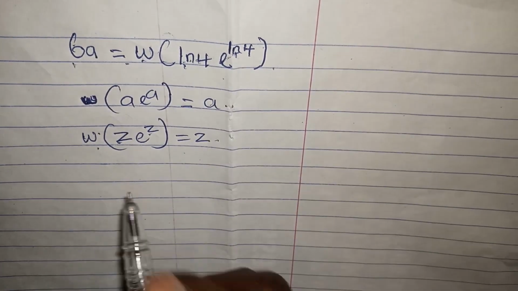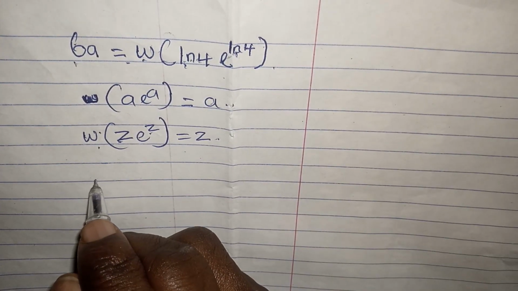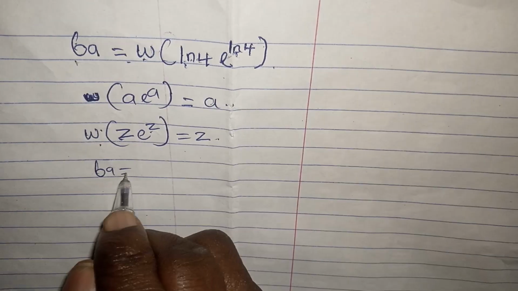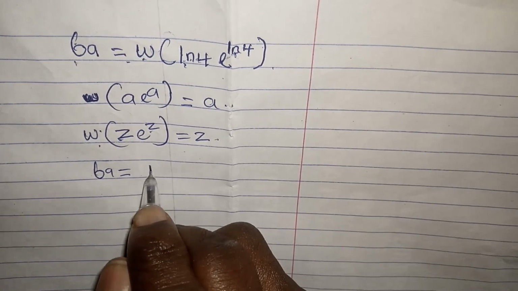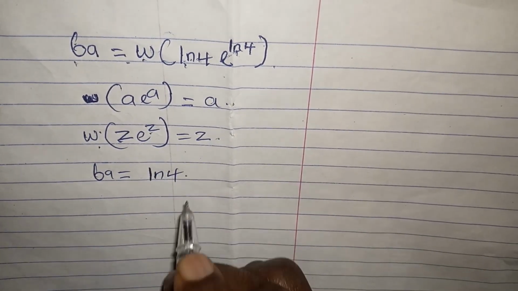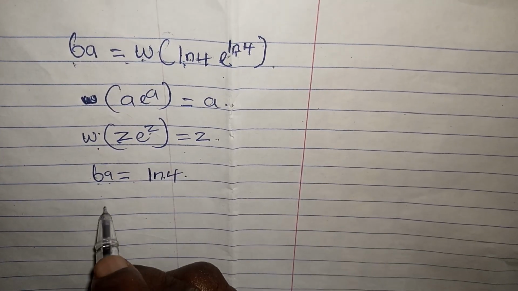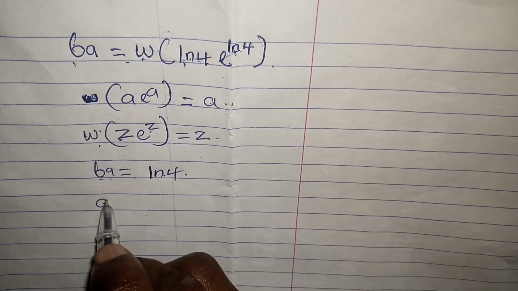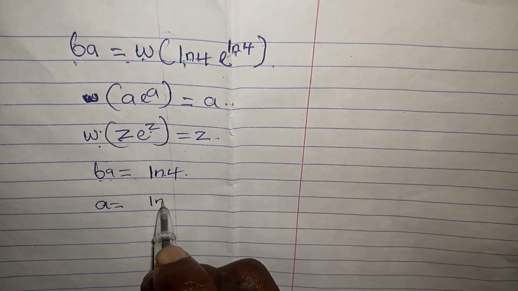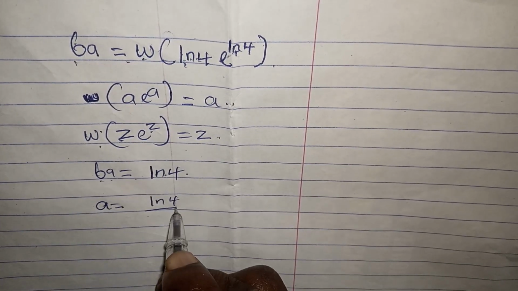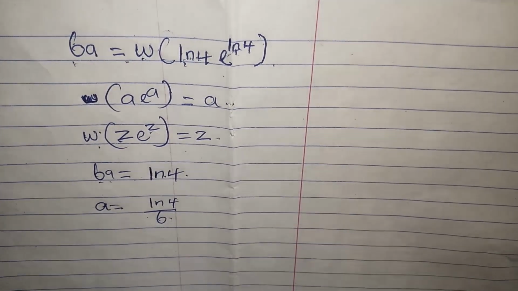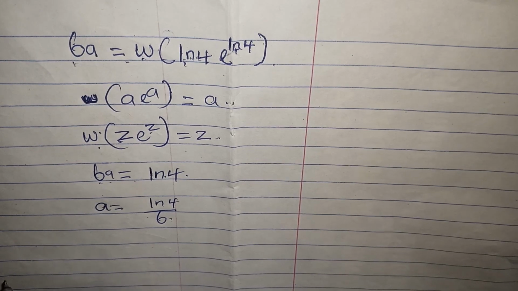So we are going to have 6a equals ln of 4, right? So for us to look for a, we can divide, and a is now equal to ln of 4 divided by 6.